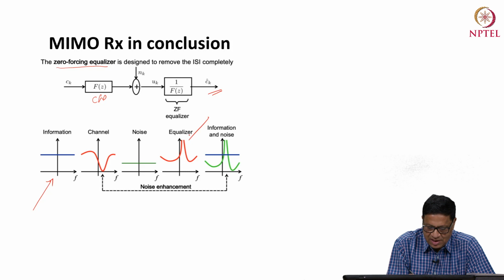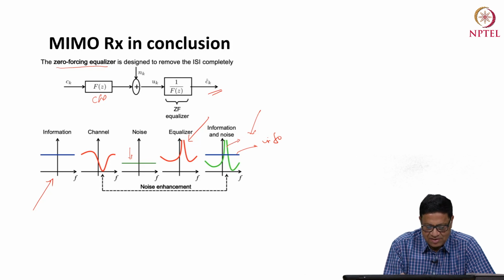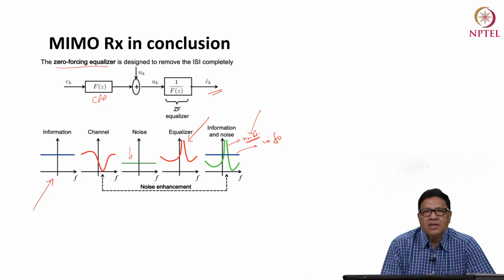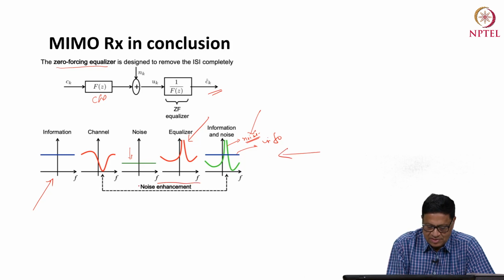So you can see here it is going to infinity, and this is the noise component. At the output, information plus noise, this is your information, and the green part which is getting amplified when the channel coefficient is 0 is the noise part. So there is a noise enhancement which is happening in this case.